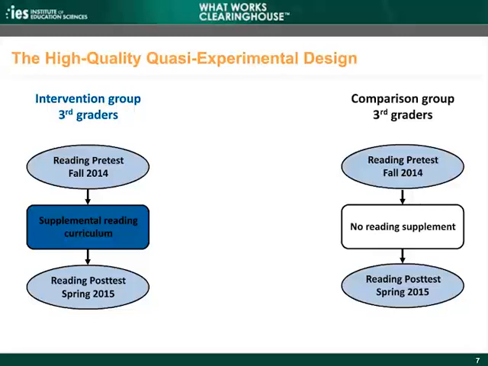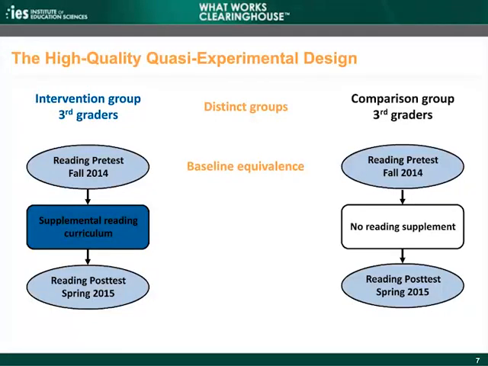First, there are 2 groups, a group of 3rd graders on the left who will receive the reading supplement, and a group of 3rd graders on the right who will not. Second, there is a pretest given to both groups at the same time, the fall of 2014, prior to the intervention, which is used to demonstrate baseline equivalence.